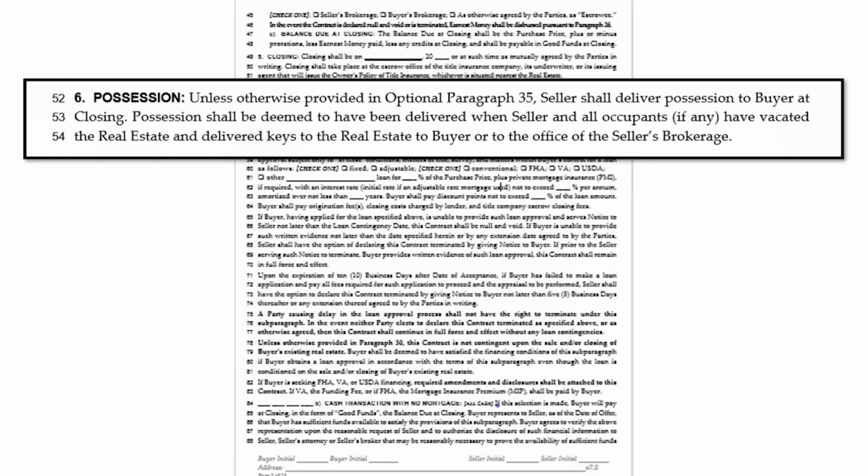Possession is delivered when the seller and all of the occupants, if any, have vacated the real estate and delivered the keys to the buyer. So if there's a tenant in the property, this contract says that that tenant also has to be out of that property in order to give possession. If the seller cannot give possession, then the seller's in default of the contract.